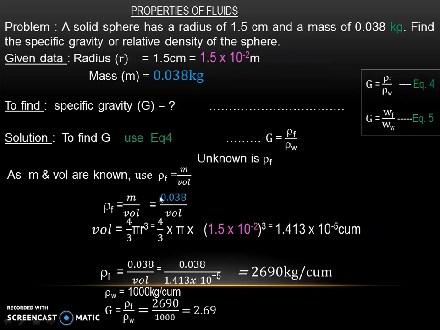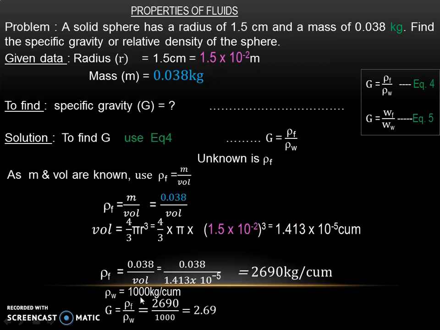Since we know mass and volume, we can find density of fluid. So density of fluid is equal to 2690 kg per cubic meter, which we get after we substitute the value of mass and the value of volume, which we have already found out. So knowing the value of rho F, we will be able to find G, as we even know the value of rho W. What is rho W?